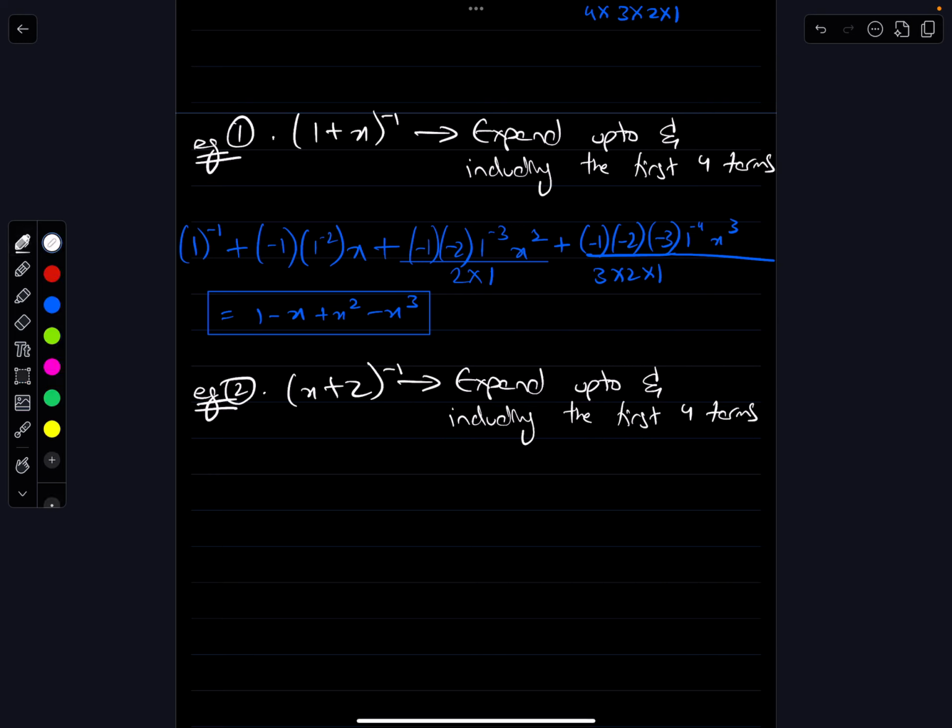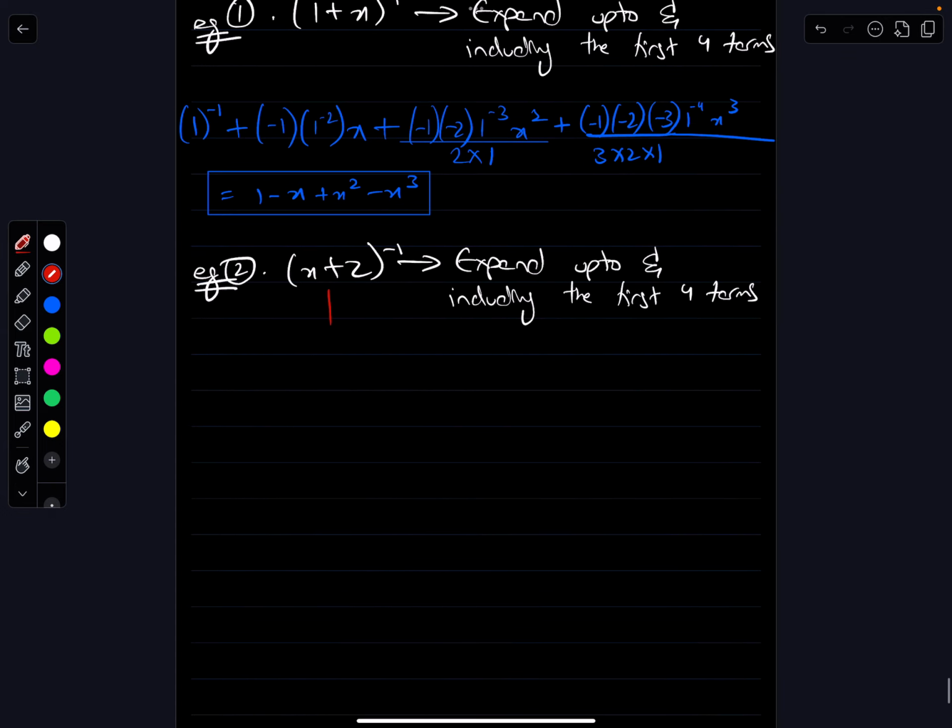So in this case, the first and most important step is I need to rewrite this like 2 plus x to the whole power of minus 1. Why is this so? Because the first term must always be a constant.